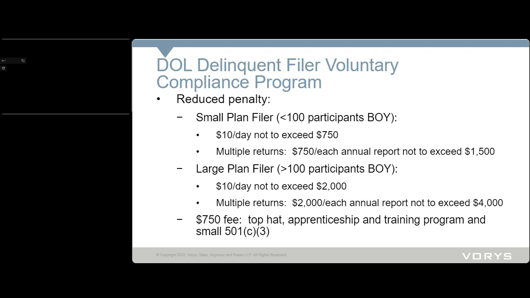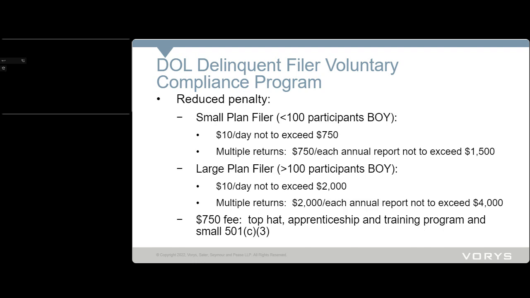And then moving over to the large plan, so that's going to be greater than 100 participants at the beginning of the year, again, that same $10 a day, not to exceed $2,000 for each return. And if you're doing multiple returns, it's $2,000 each annual report, not to exceed $4,000. So when employers come to us with an issue of not filing, it's usually multiple years, and that $4,000 fee is a steal compared to the penalties that can be assessed.